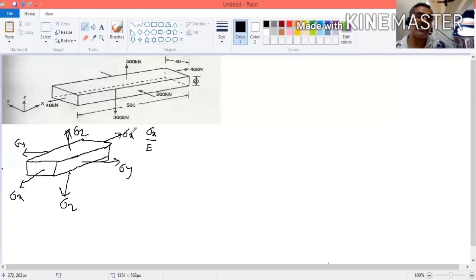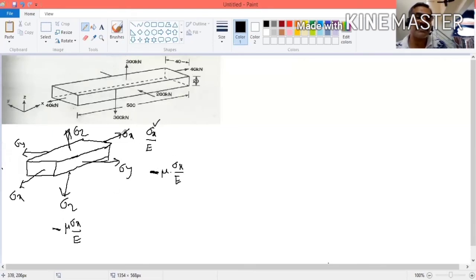Due to sigma x, another two strains are there, one along y direction, another along z direction. How to calculate lateral strain? We know Poisson's ratio is equal to lateral strain by linear strain. So this is the lateral strain due to sigma x, acting along the y direction: minus mu into sigma x by E. Similarly, there will be a strain along z direction also, minus mu into sigma x by E. We have seen three strains.